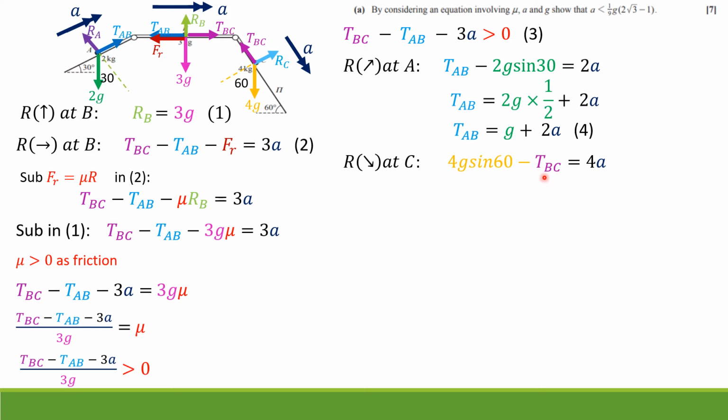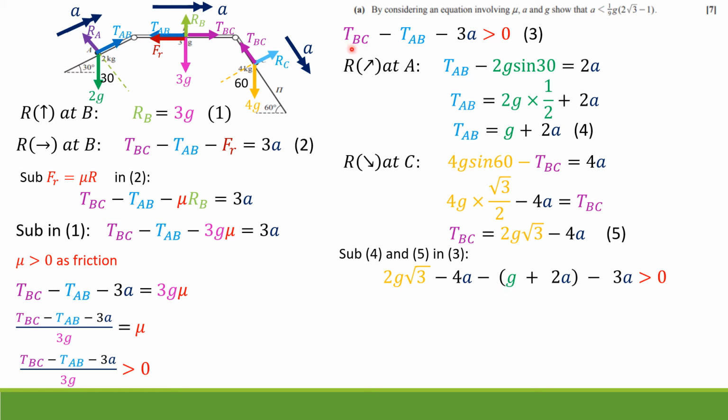Again, adding TBC to both sides and taking away 4a will give me an equation in terms of TBC. And we know that sine 60 is equal to root 3 over 2. Now 4 divided by 2 is 2, so I've got 2g root 3 minus 4a is equal to TBC.